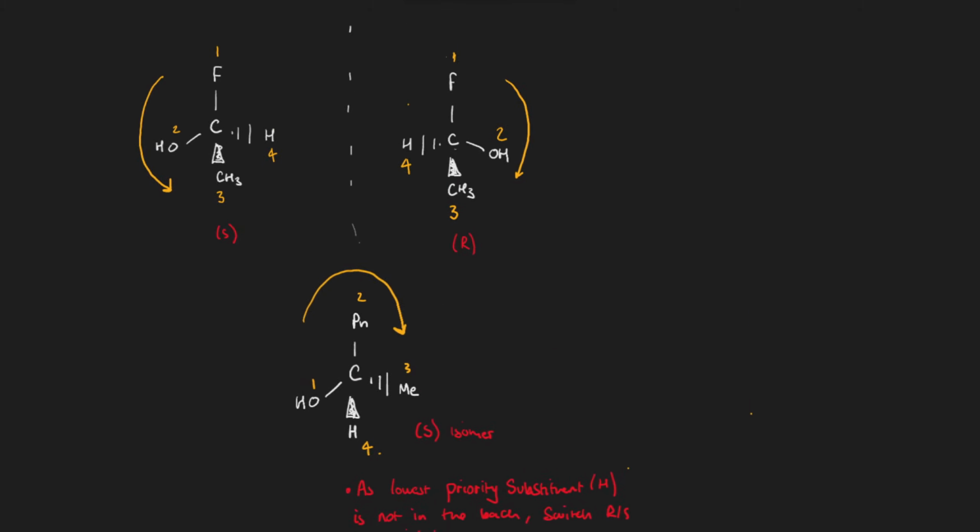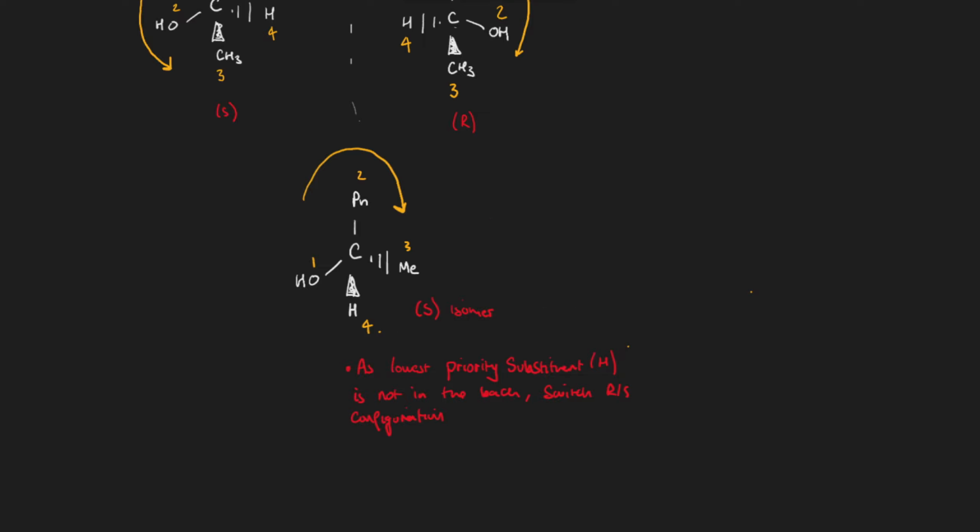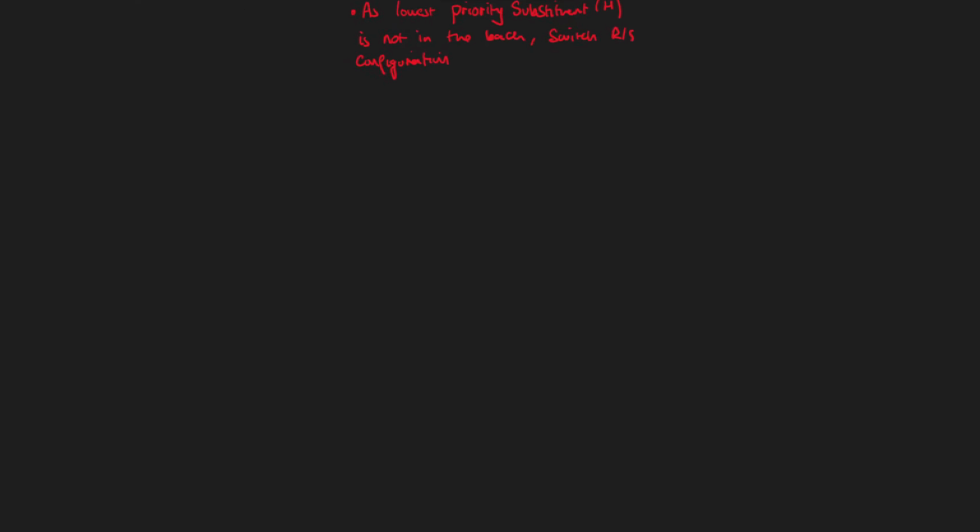You have two enantiomers. If the succession from highest to lowest substituents is in the clockwise position, it's the R assignment, and if it's in the anti-clockwise position, it's the S assignment. So I'm just going to draw two molecules really quickly now and pause the video, try and name them for you.